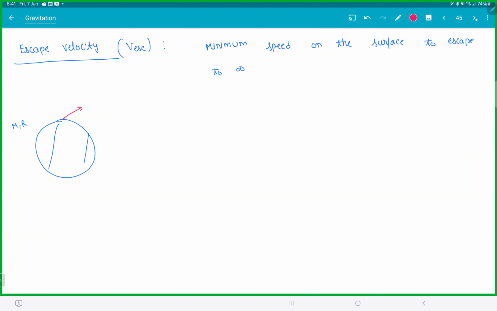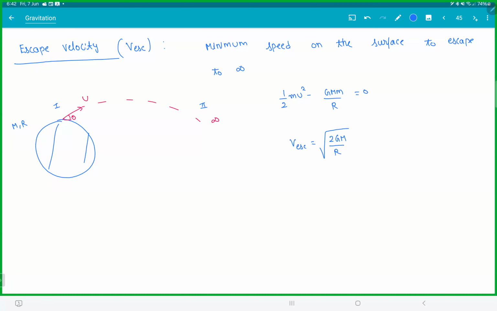So if you launch a particle at an angle theta and finally it goes to infinity, energy is conserved. State 1, state 2. So initial energy, half mu square minus GMm by r, is equal to 0. We get escape velocity v as root over 2GM by r.